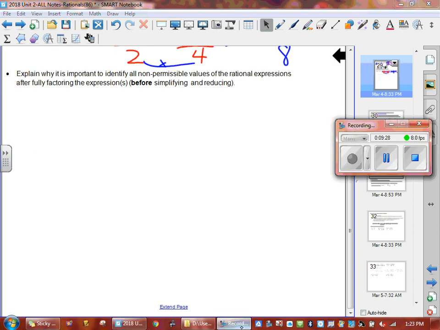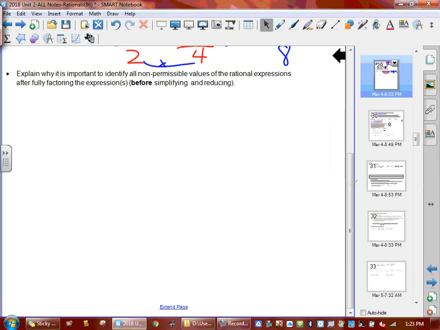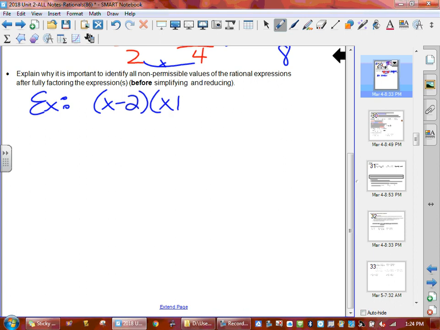Okay. So, let's take a look. Here's an example. If we have, let's say, x minus 2, x plus 3, and on the bottom, we have x plus 4, x minus 2, and x plus 5.